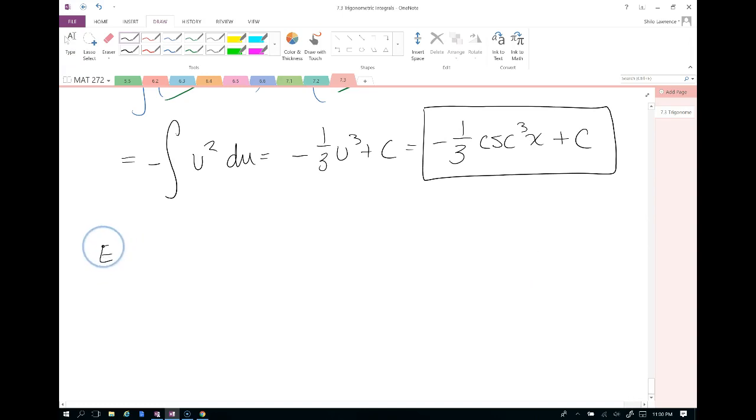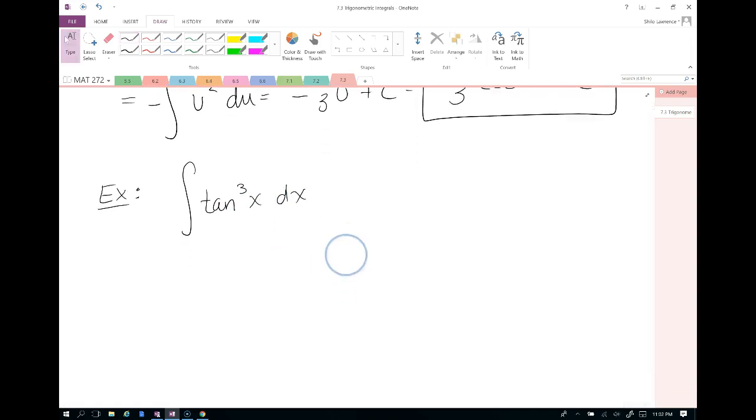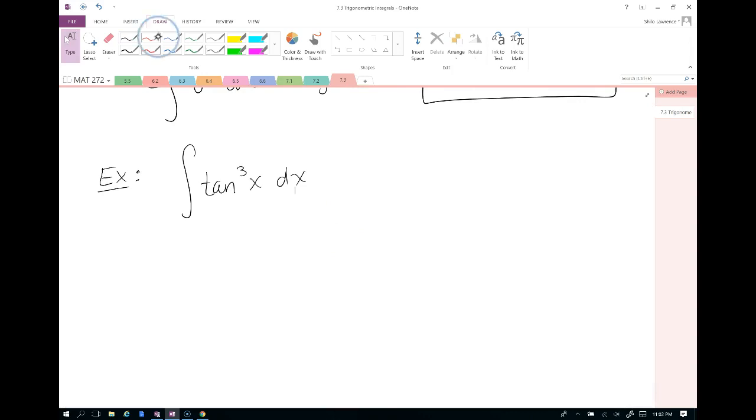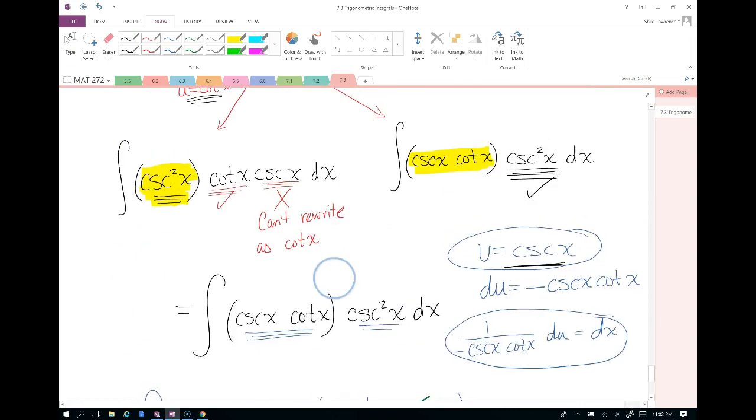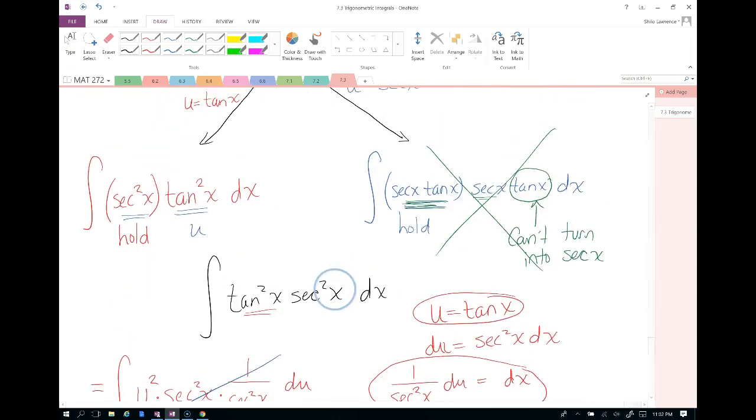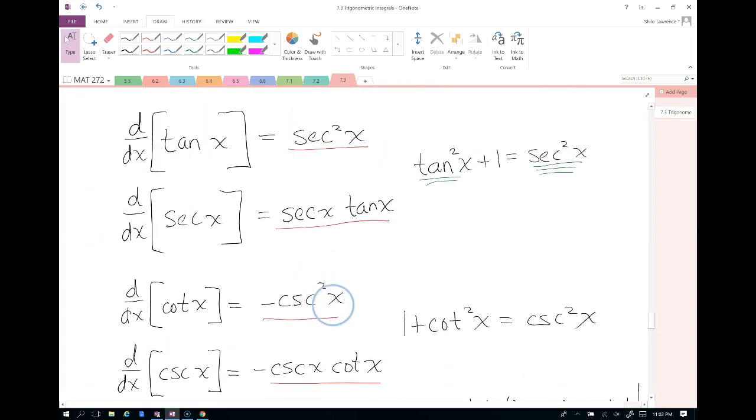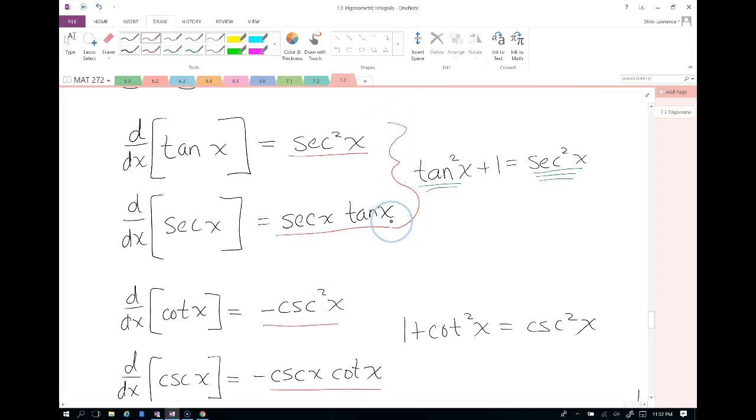And let's try one more of these, and I'm going to make sure that we actually have to do some substituting this time. For the next one, we are going to try to find the antiderivative of tangent cubed. And this one can be a little bit tricky because our two options for our derivatives, if you look back, both of these derivatives contain secants, and we don't have any secants in our integrand at all.